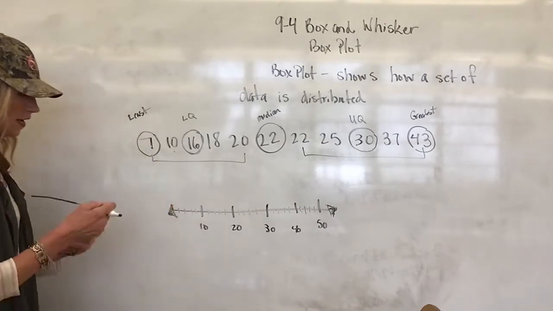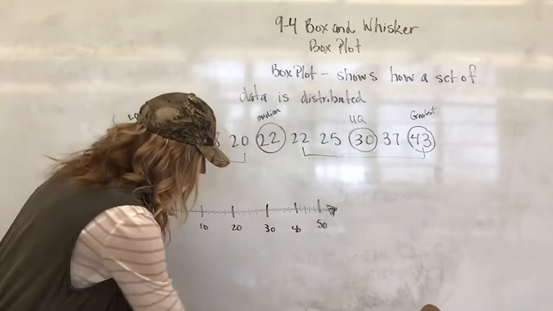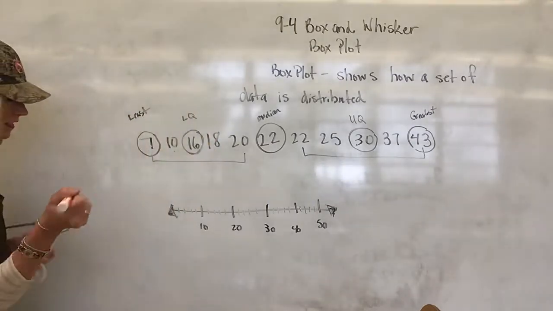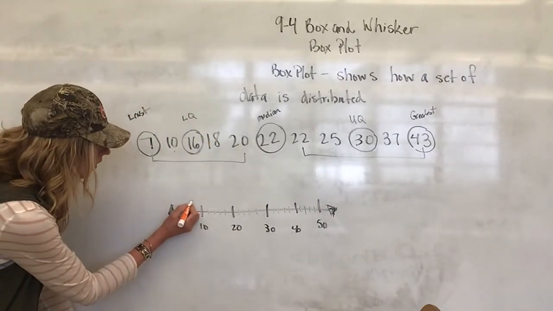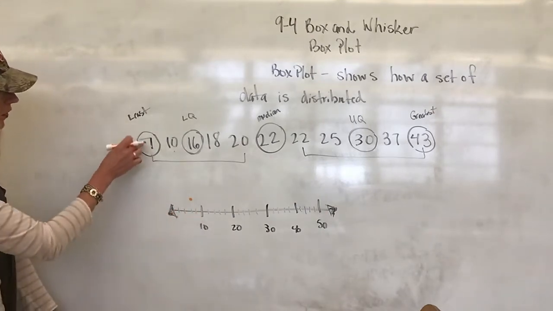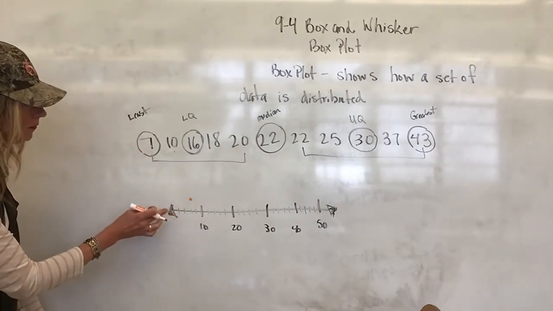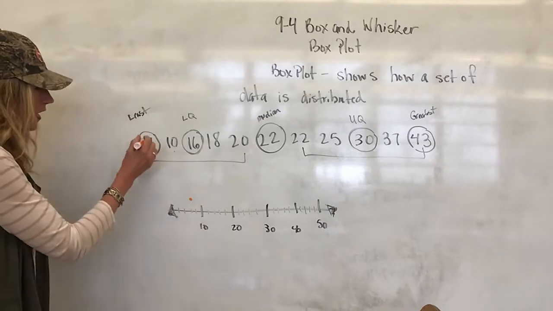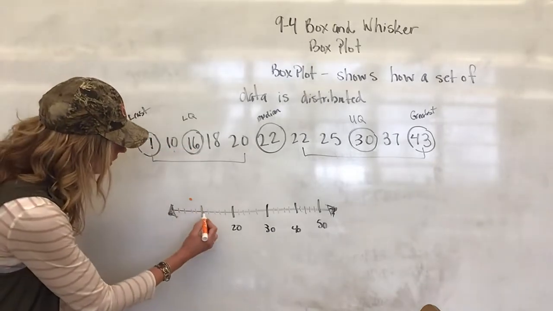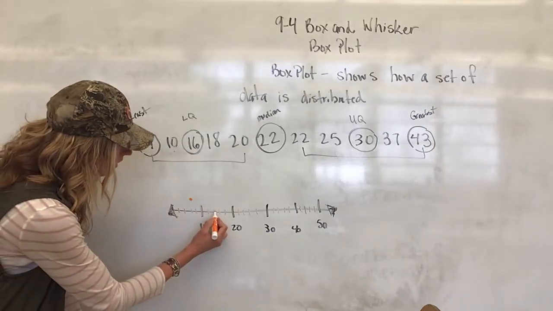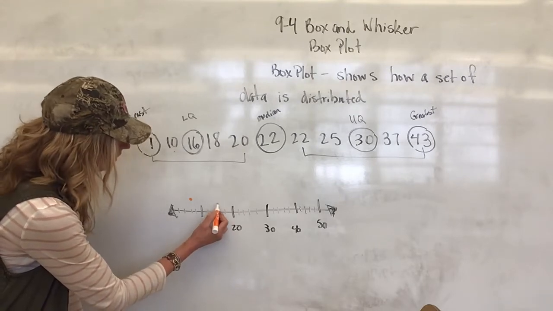And when we go to graph it, I'm going to do this in orange, so hopefully you can see it a little bit better. And it will show up. Okay, so there we go. There's our 7. You graph it above the number line. Okay, so we've graphed our 7. 16. Okay, 10, 12, 14, 16.